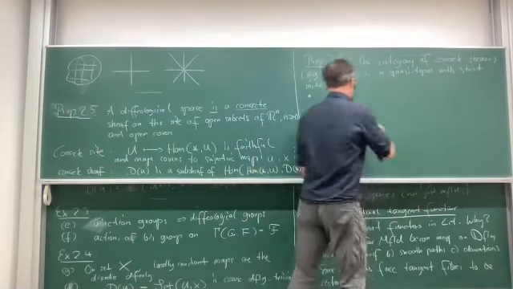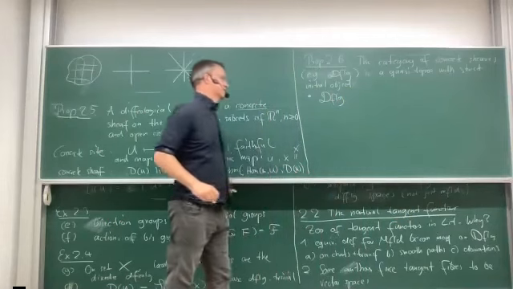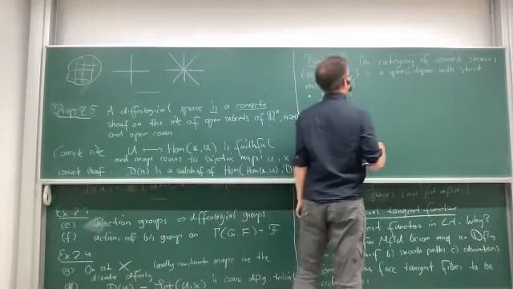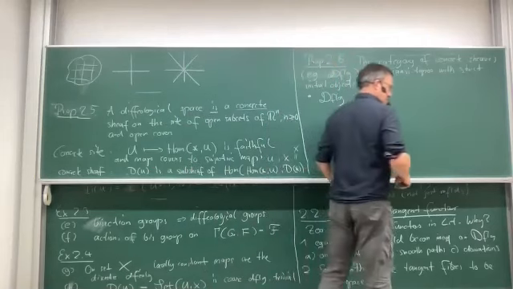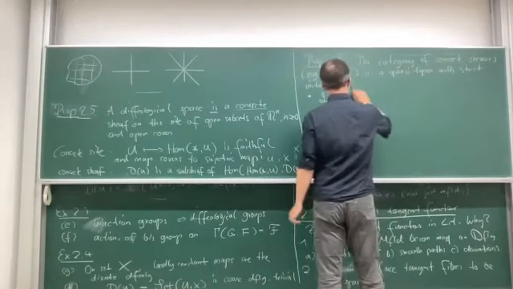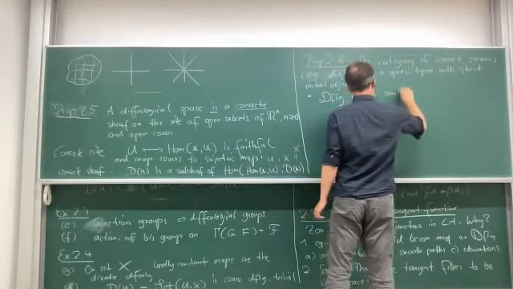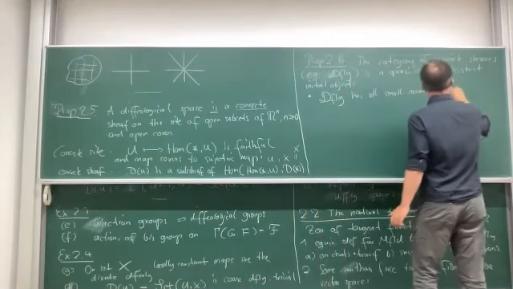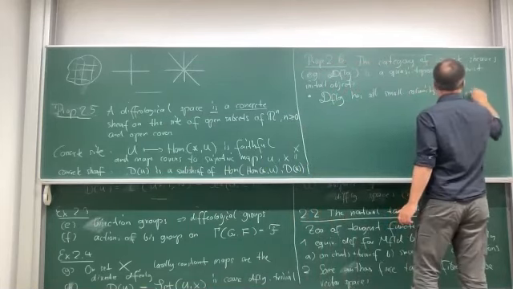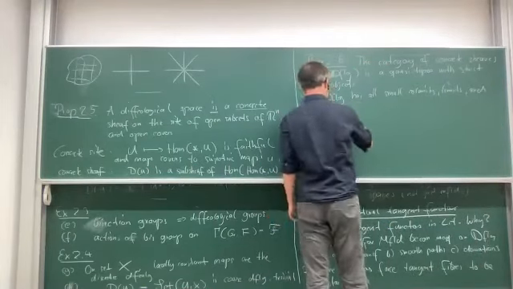So it immediately follows that the category of diffeological spaces, well, let me phrase it for diffeological spaces, has all small limits, colimits, exponential objects, mapping spaces.